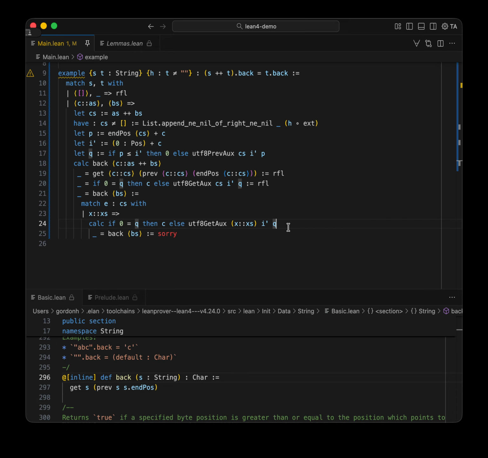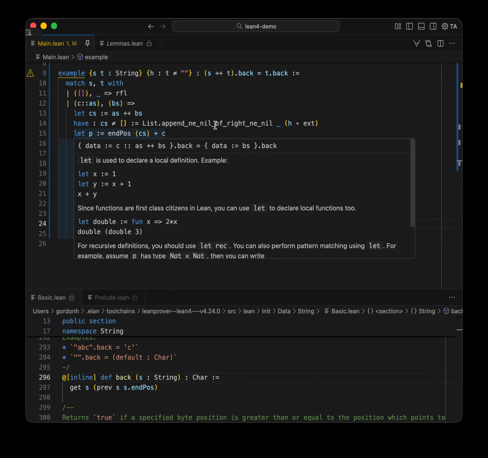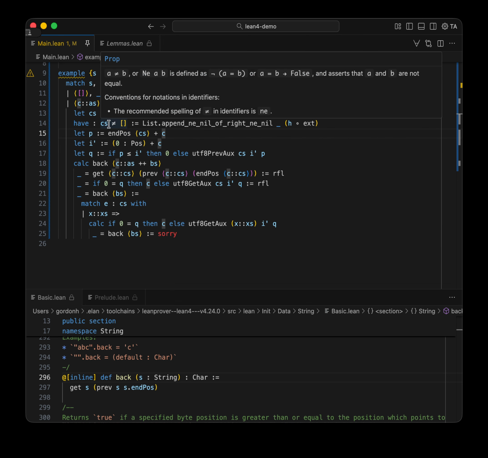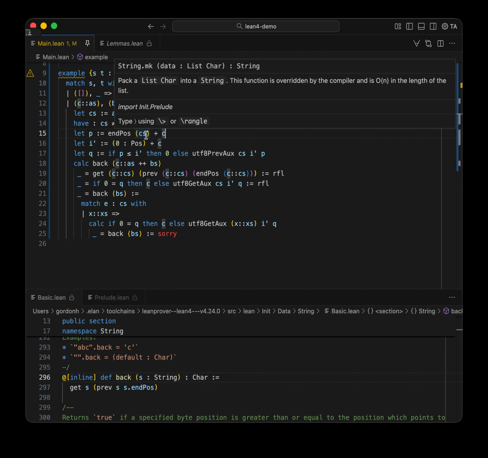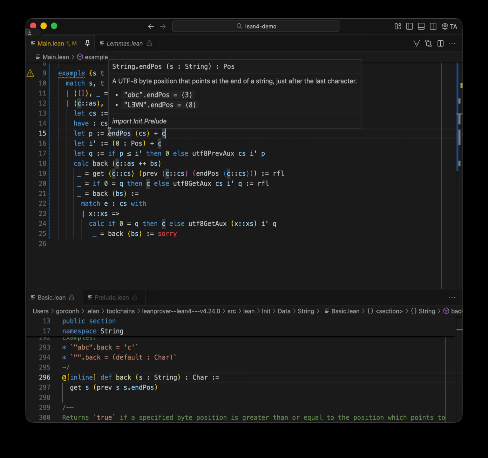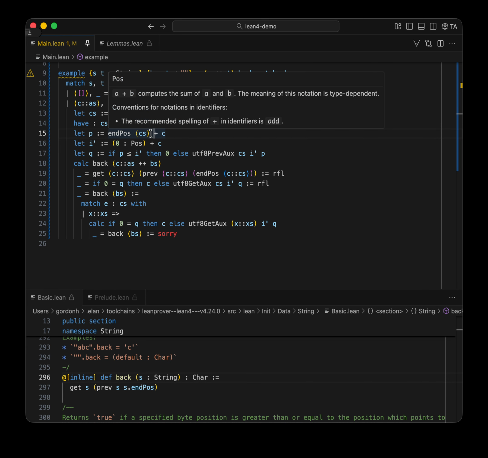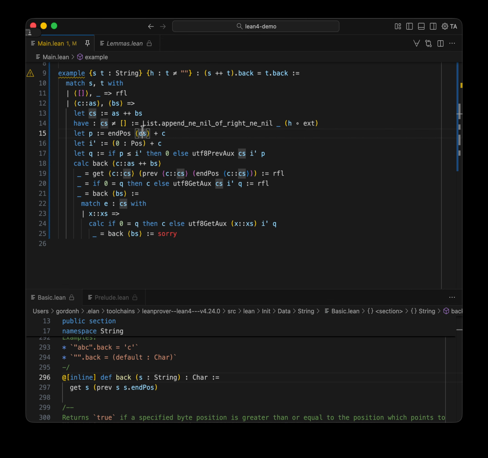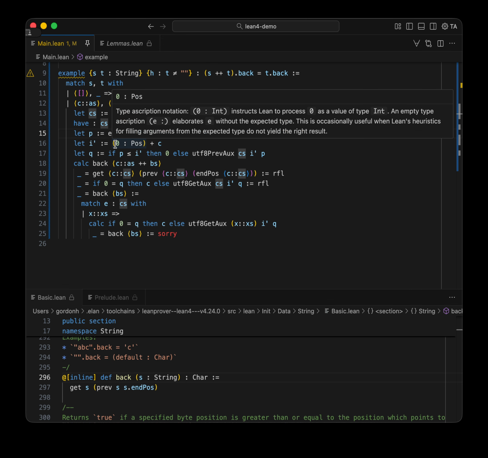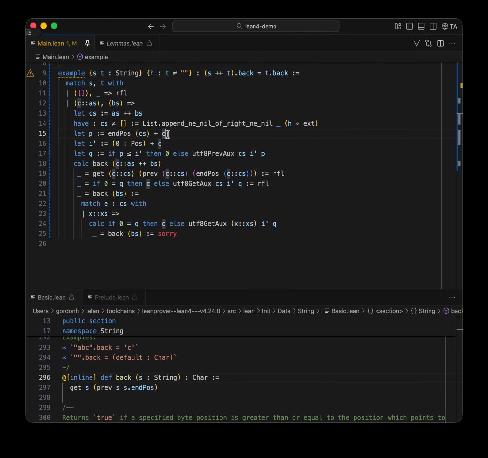Is there any way for this to be possible? No, because as we reasoned before, given that CS is not empty, then CS contains at least one character, and so the ending position would never be zero. It would be in fact greater than zero. Hence, something greater than zero adding to C would never be less than or equal to zero adding to C. So this is false. Gotta prove it.